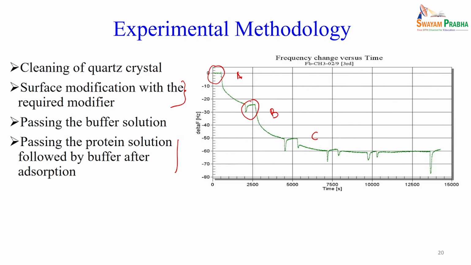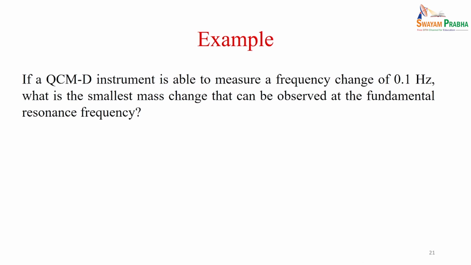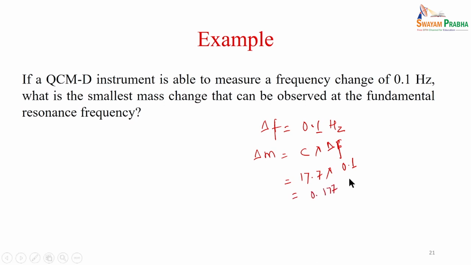Let us say in one experiment we observe the delta F value is 0.1 Hz. Now, if you want to calculate the delta M, delta M is equal to C into delta F, and the value of C is 17.7, so 17.7 into 0.1 comes to be 0.177 nanogram per centimeter square.